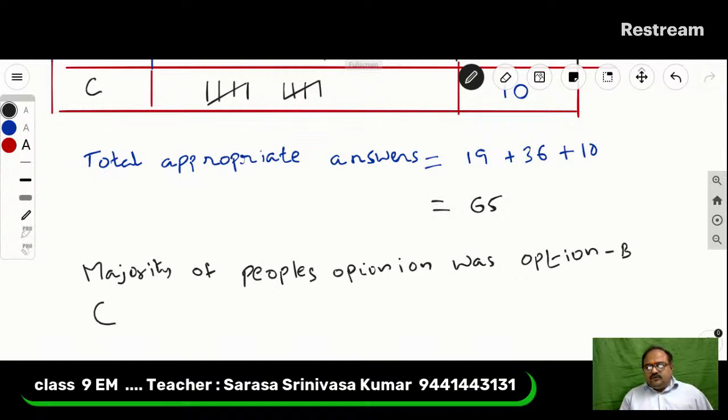It is prohibition on smoking in public places only. So we write here: prohibition on smoking in public places only.